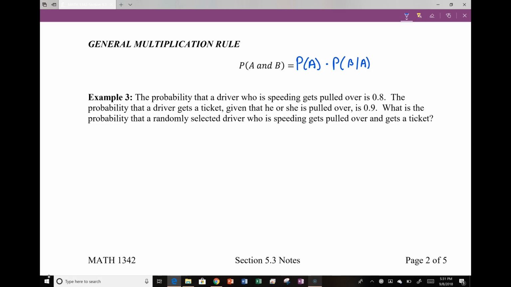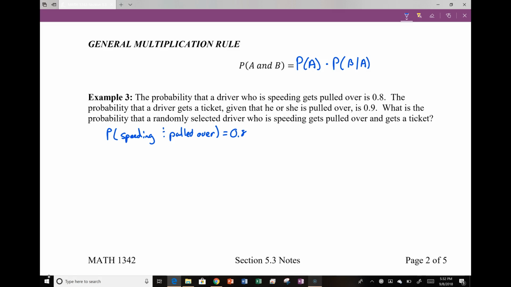So let's look at example 3. The probability that a driver who is speeding gets pulled over is 0.8. So we know that the probability of speeding and pulled over is 0.8.